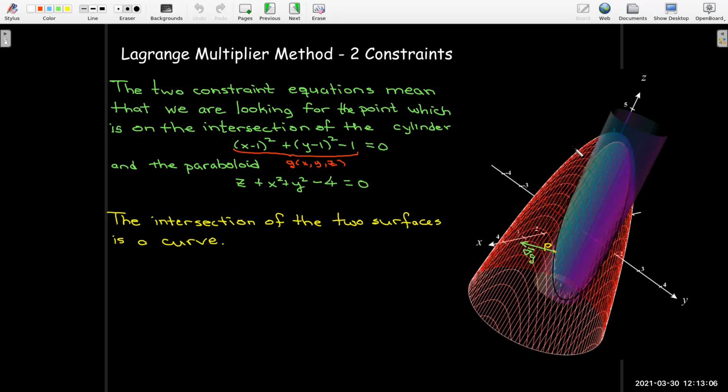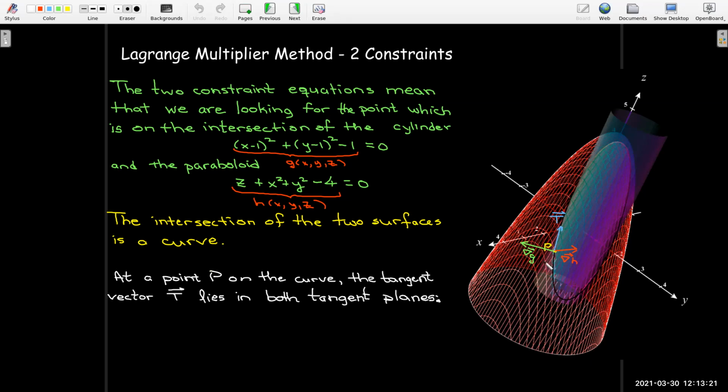So we're going to call our first constraint function g and our second constraint function h. And at the point P on the curve, let's think about this. On our point P, the curve lies on both of those surfaces. So the tangent vector to the curve is going to lie in the tangent plane for the paraboloid and the tangent plane for the cylinder.